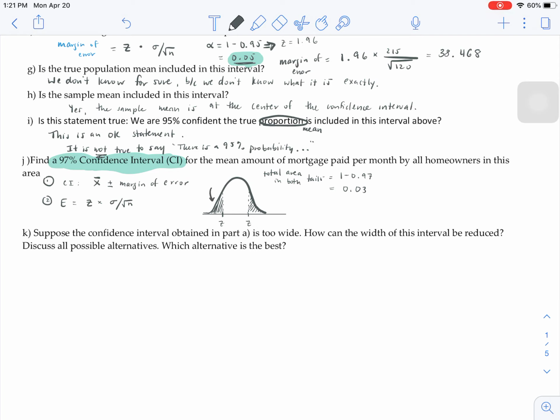So that means in each tail, we have half of that. Because our normal distribution is always symmetric, half of 3% is 1.5%. So I want to find the z-score with an area to the right of 0.015, or 1.5%, or the z-score with an area to the left of 1.5%.